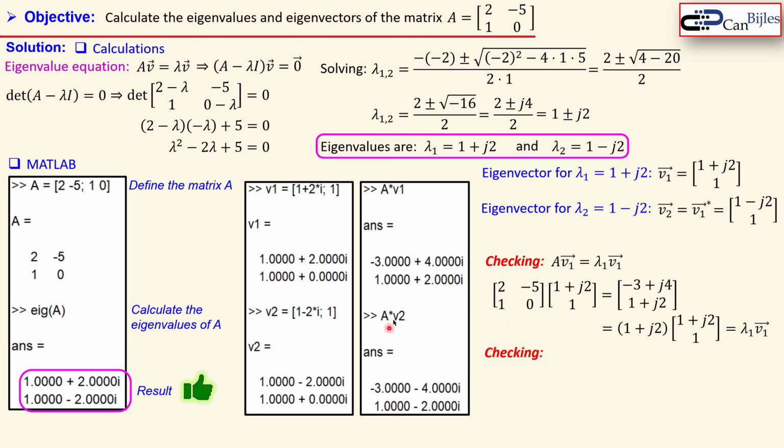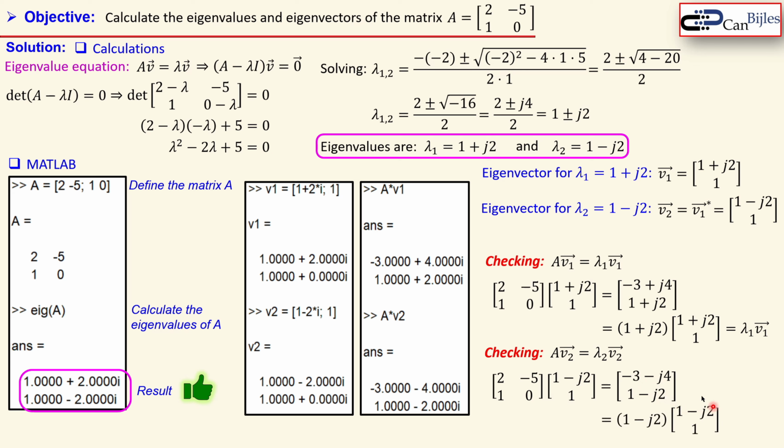Now let's also check the final one, which is A times v2, in a similar form. So A times v2, you multiply this out, you get here the minus 3 minus j4 and then 1 minus j2. Now we take out this 1 minus j2. And now we need to have here 1 minus j2. So again, you can look for yourself that this is indeed correct.